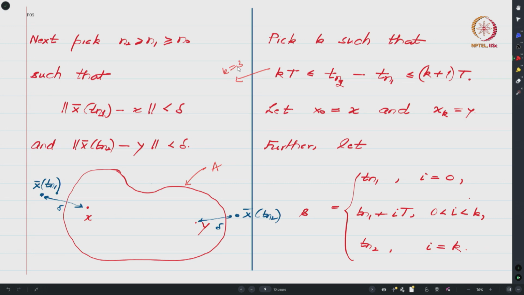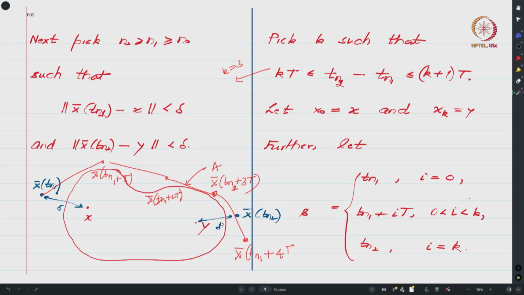So if you look at the value of your linearly interpolated trajectory at tn1 plus t, then at tn1 plus 2t, and then at tn1 plus 3t, and then if you look at the value at x bar tn1 plus 4t, somewhere between these two values your x bar of tn2 lies.